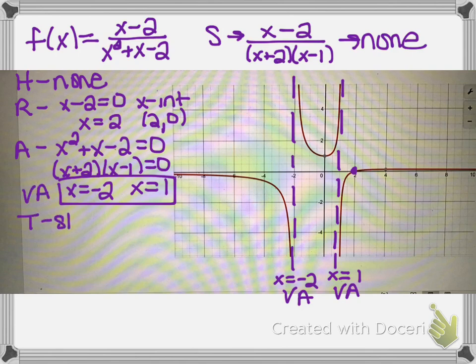We are skipping the T-step this year again. So in the last example, I probably won't even state that again. And now the E step. Now we're going to look at our leading terms again. We take our leading term on top and our leading term on bottom. Our leading term on top is just the x, because it's linear.